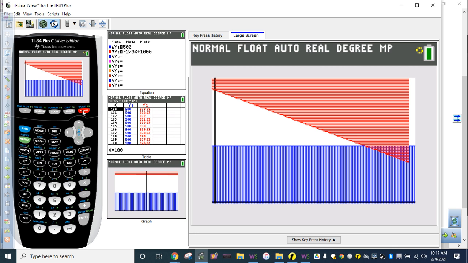Now shading. So hit y equals again, and go over to the little dash looking thing, and just keep hitting enter. The 2/3 you want greater, so that's just a thicker line. Enter there. That's greater. Then when you go up here, keep hitting it until it looks like less. Next one, yep. Now hit graph.